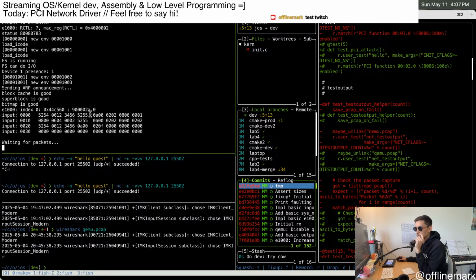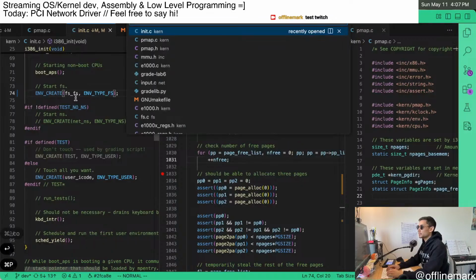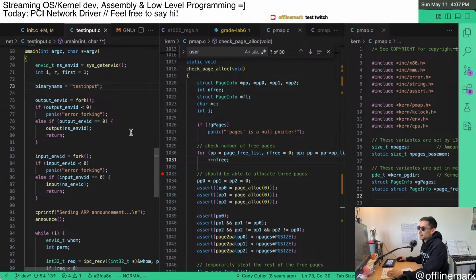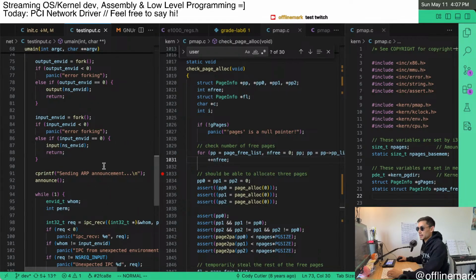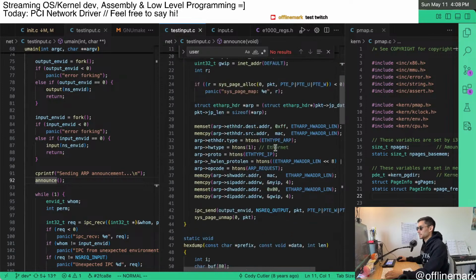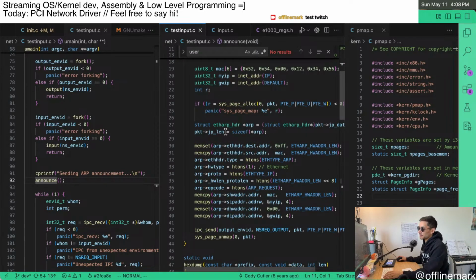Anyway, so this is kind of the state we had things. We have an operating system, it boots up, and on initialization, it runs this application. It has test input, and the application sends an ARP announcement packet. And we receive an ARP response.